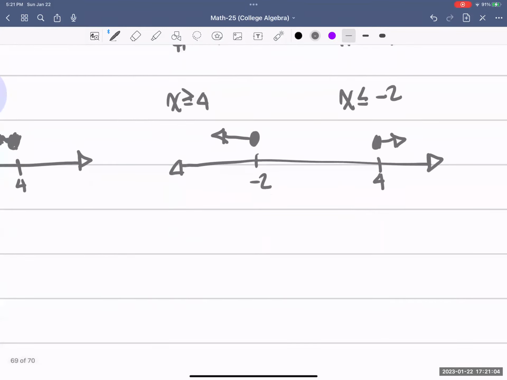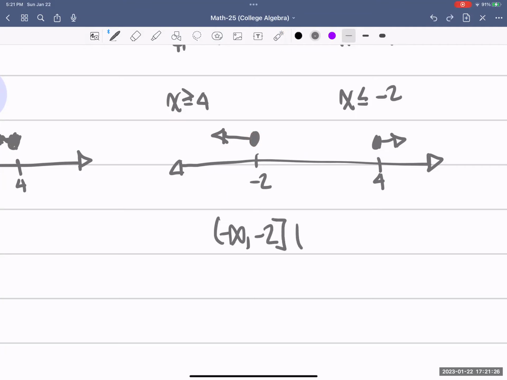Here is where we're going to have two sets brought together. Starting off with the leftmost value, it's going to be this part here, from negative infinity up to negative 2. Closed circle tells us bracket.